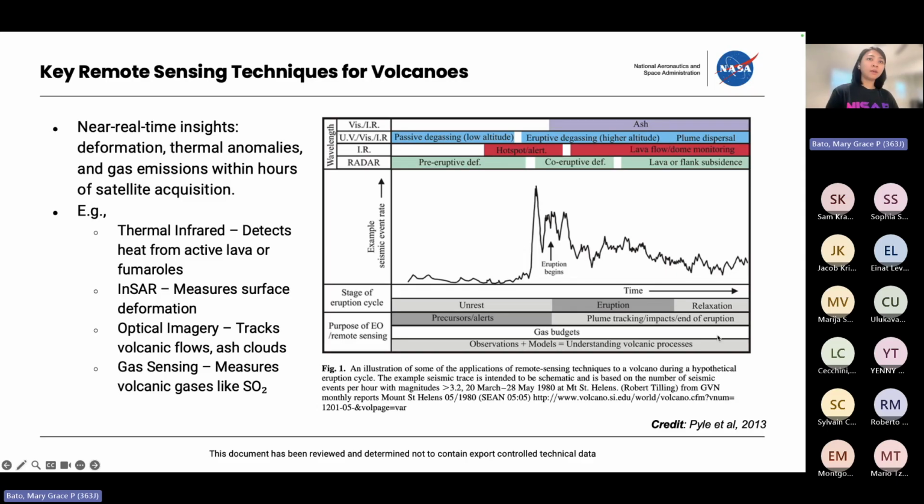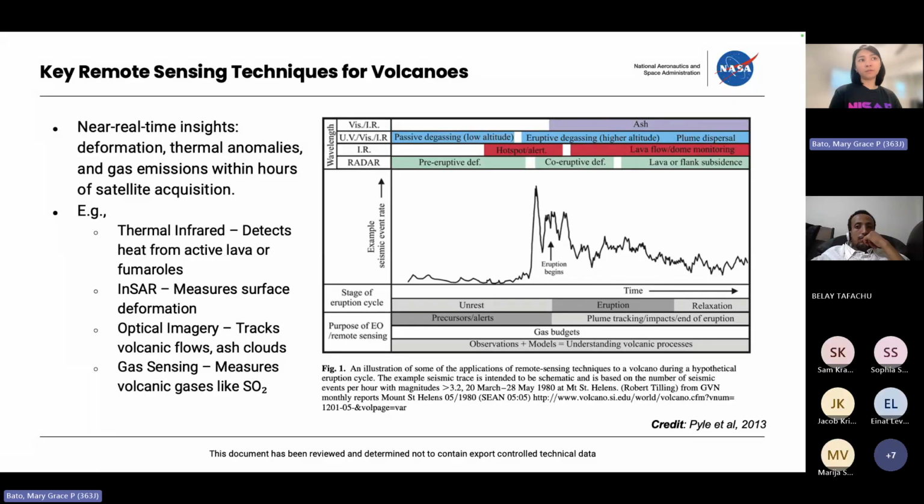But basically, this is how you would use remote sensing data. Normally, the deformation can be seen years before you have an eruption. For example, you can see volcanoes slowly inflating over time.